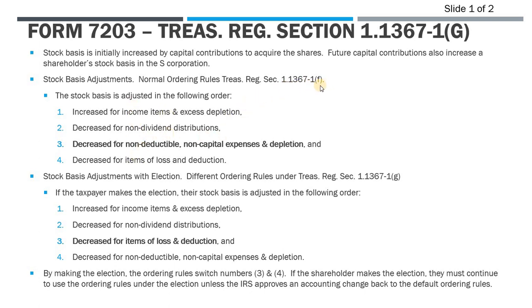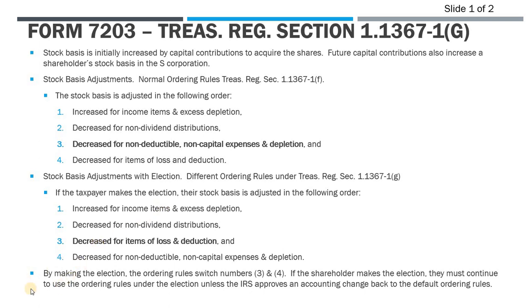Now, the normal ordering rules for when we adjust our stock basis up or down are in the following order. Under 1367-1(f), your stock basis by default is increased for income items and excess depletion. It's decreased for non-dividend distributions. The third step is a decrease for non-deductible expenses. And very last, you do decreases for items of losses or deductions.